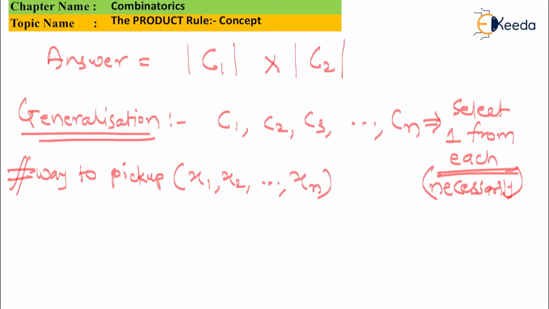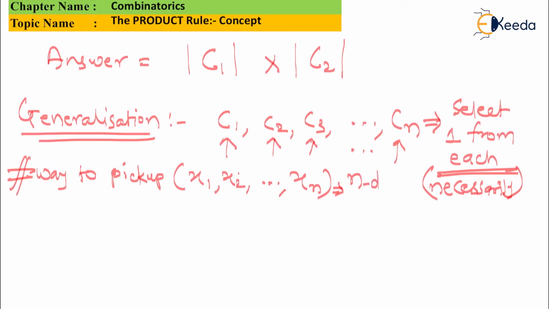This time you are going to select n objects because you are going to select one from each. So let's say small x1 is an object that you have selected from choice set 1, small x2 is an object that you have selected from choice set 2, up to small xn is an object that you have selected from choice set n. So this time, instead of selecting a pair, you are selecting an n-dimensional vector.